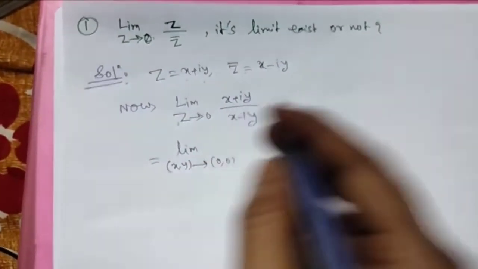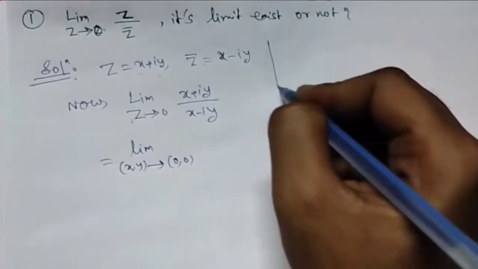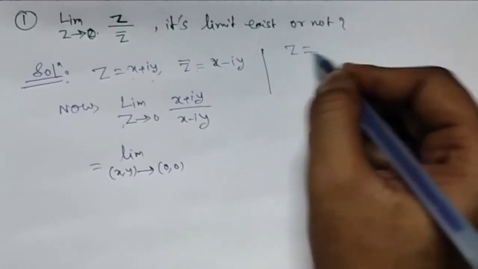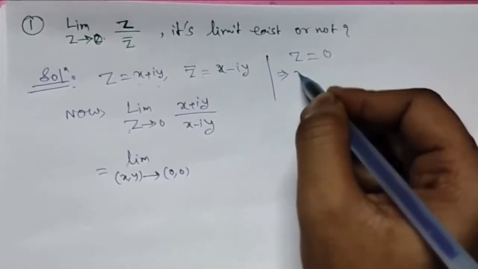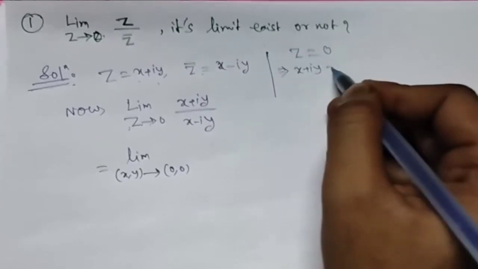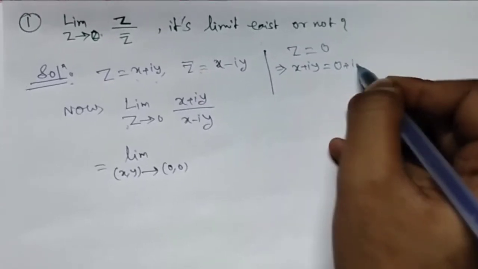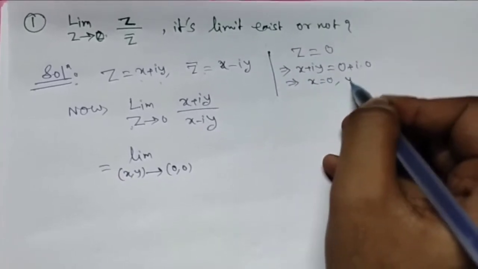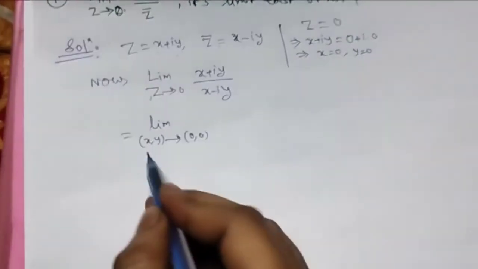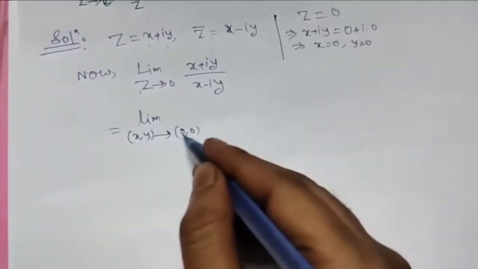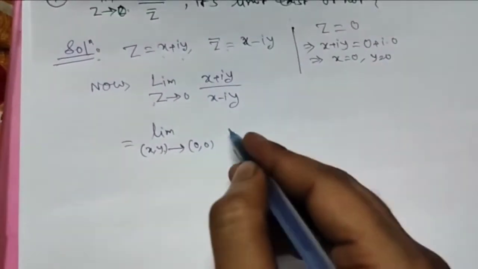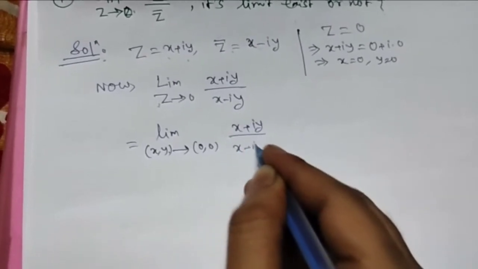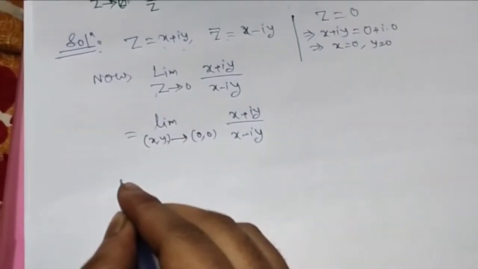Here z is 0, हम यहाँ समझाते हैं, z अगर 0 है और z है x plus iy, this is equal to 0 plus i into 0. So this implies x is equal to 0, y is equal to 0. So the ordered pair in xy can be written as 0 comma 0, and here x plus iy by x minus iy as usual.